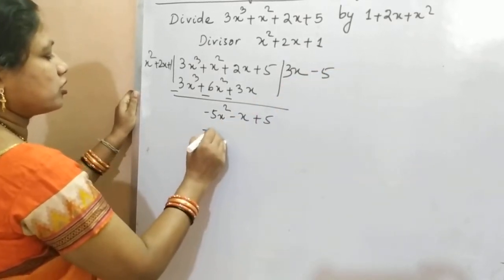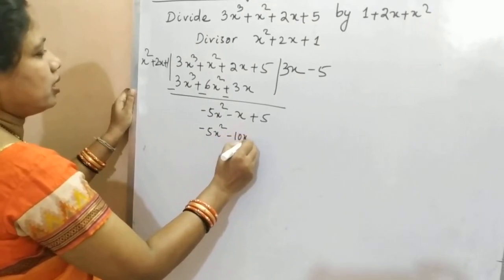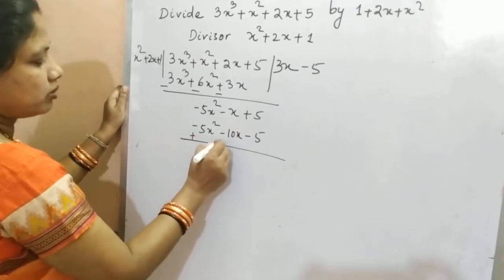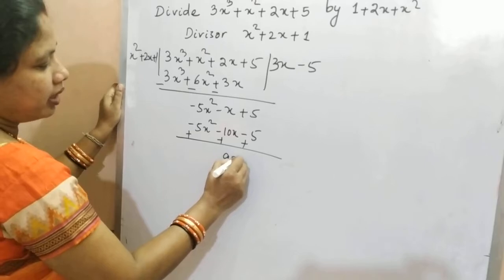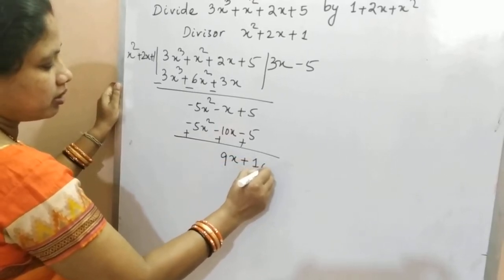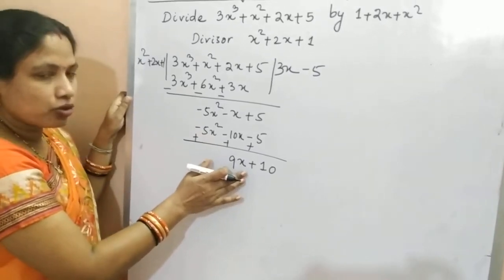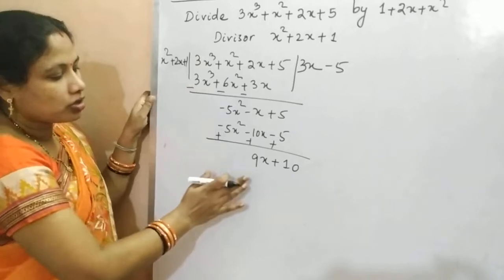Then minus 5: minus 5x square minus 10x minus 5. So this becomes 9x plus 10. So here we got the remainder whose degree is less than the degree of the divisor.